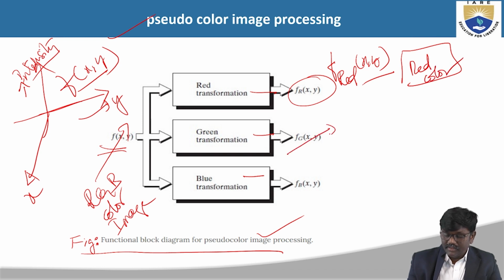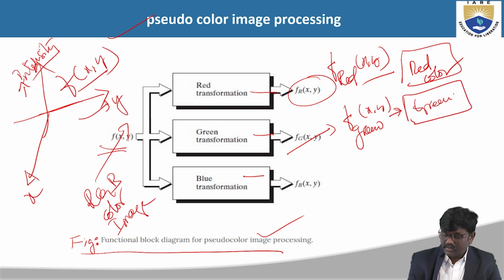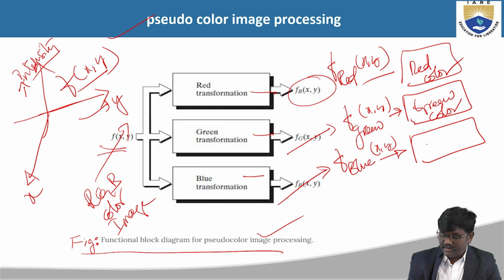Similarly, you change to green, that is f green of x comma y, the green color. And this is blue, f blue of x comma y. So the image here is green and blue color as well.